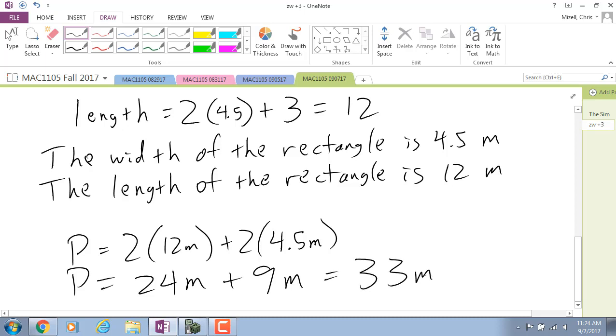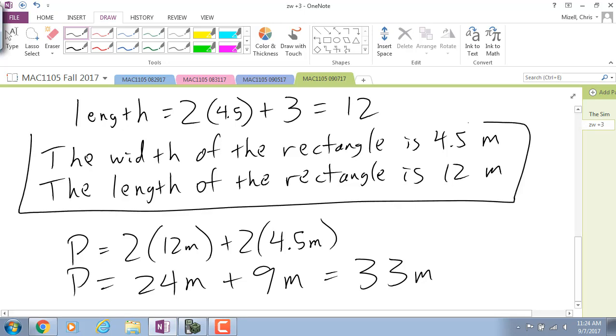There we go. So if 12 is 3 more than twice 4.5, it certainly has the correct perimeter, so these are the dimensions that we want for this rectangle.